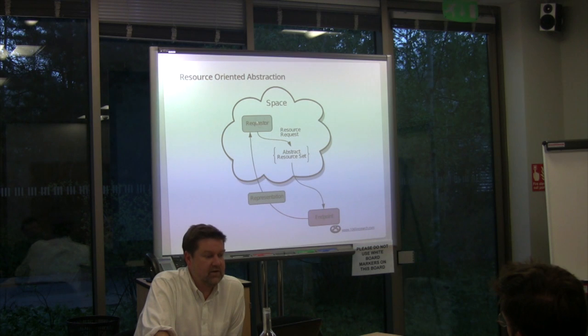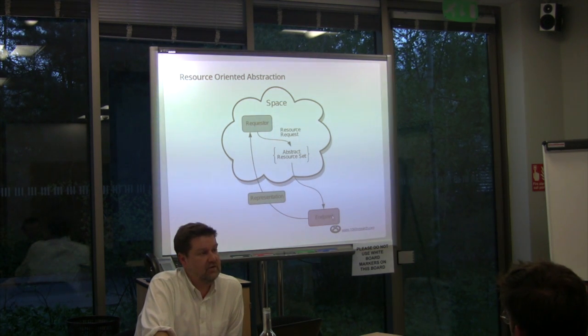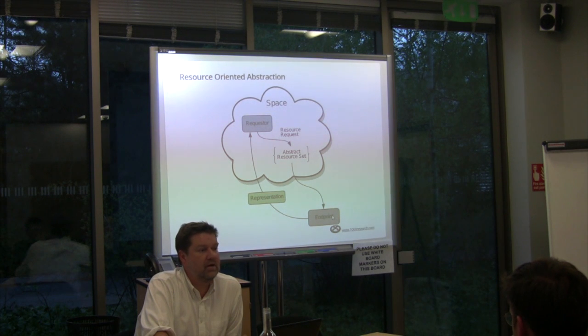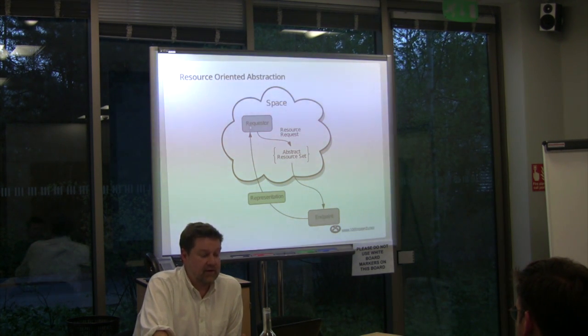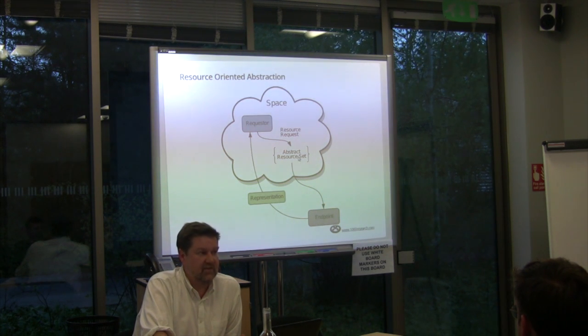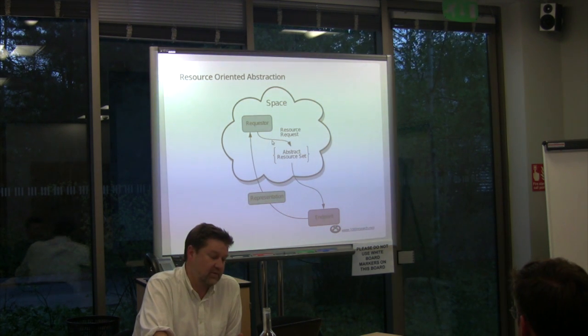And so it doesn't matter what browser you use, it doesn't matter what server, it doesn't matter if you use Java or C# or Perl or Python or whatever inside the endpoint. No one cares. The relationship is between this requester and this abstract set of information. So this thing can change, and this thing can change, and the system carries on working. Or I can intermediate, and I can hit and get the same representation back.